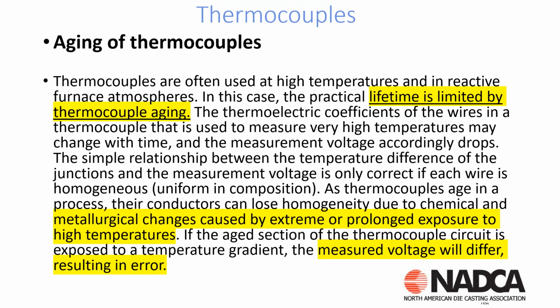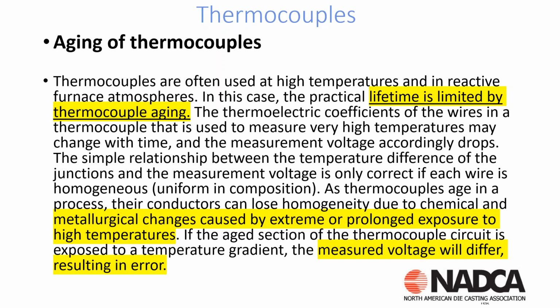The issue with a thermocouple is the aging. Every thermocouple is going to have some lifetime to it, and that lifetime is dependent on what's called the Curie number. The Curie number happens when the dissimilar materials, those alloys that are in the thermocouple wires, reach higher temperatures and start to break down.